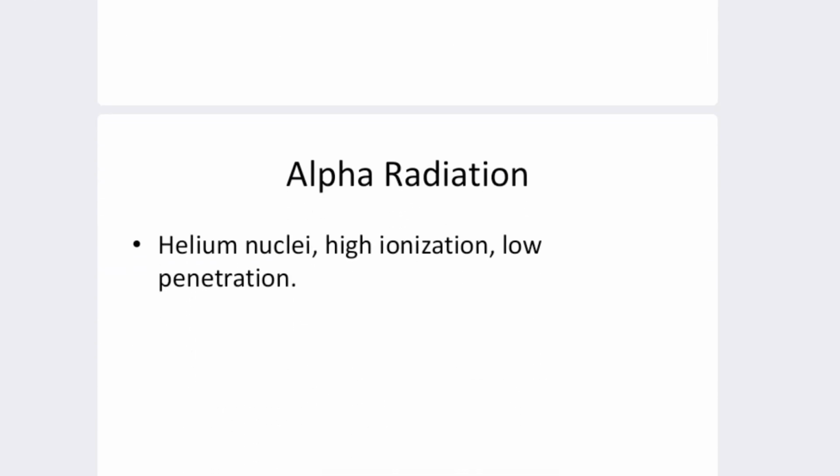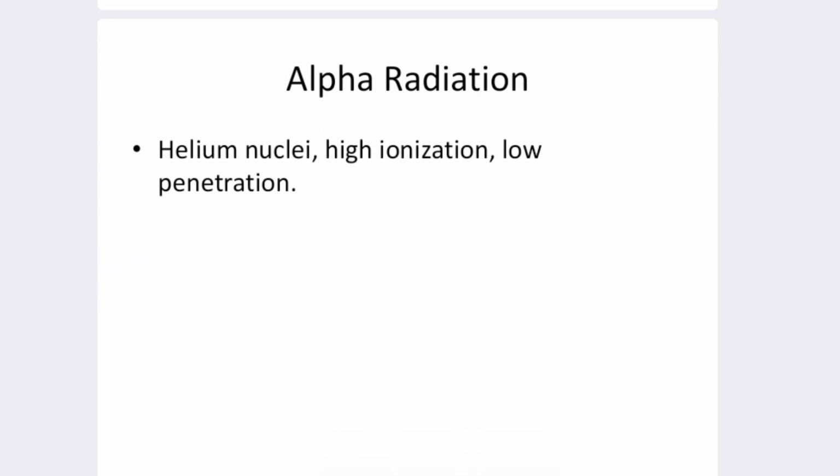Next is artificial radioactivity. Artificial radioactivity is also called induced radioactivity. It was discovered by Curie and Joliot in the year 1934. They were studying the disintegration of light elements by alpha particles.